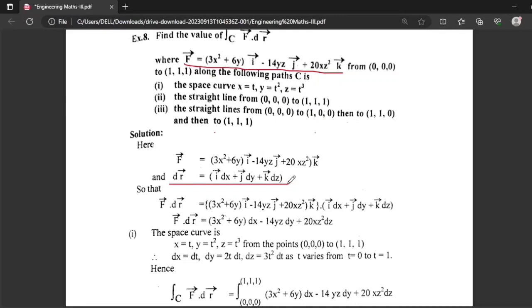F dot dr is this multiplied by this: (3x² + 6y) dx, and multiply the coefficient of j, that is 14yz, and dy, and finally 20xz² and dz.